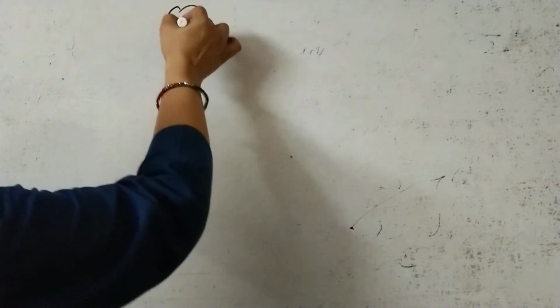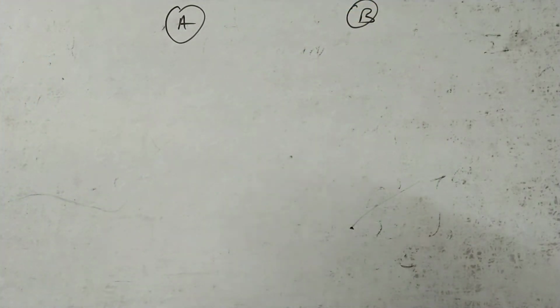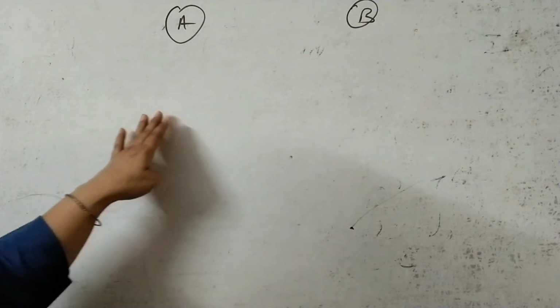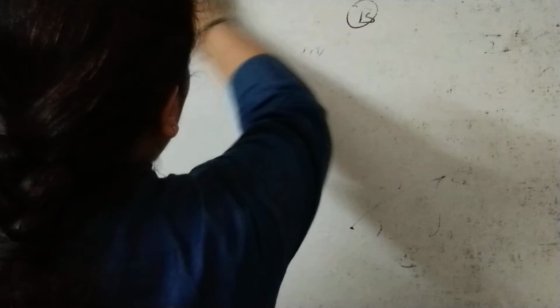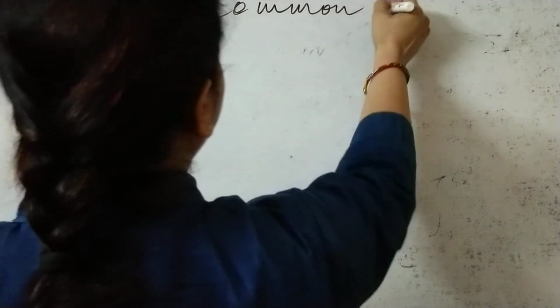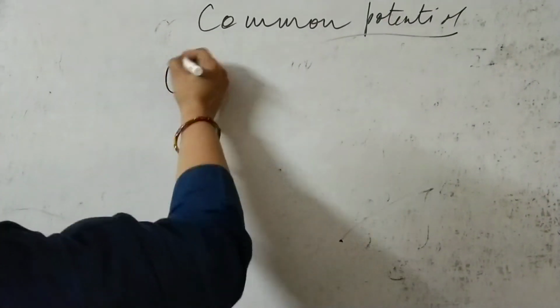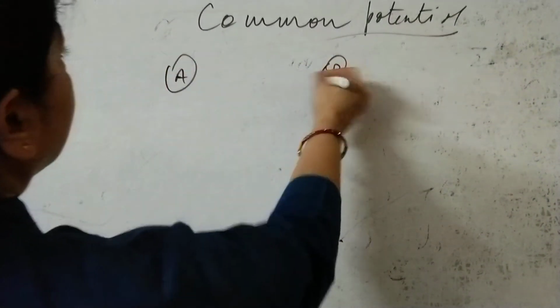When we talk about common potential, let us assume there are two conductors A and B. We have two capacitances.